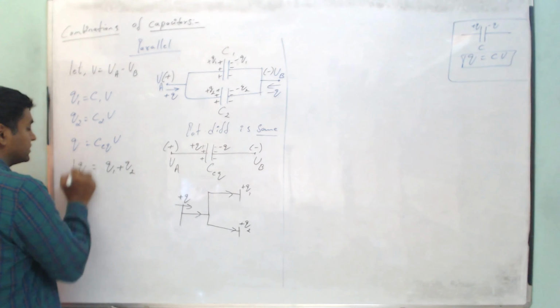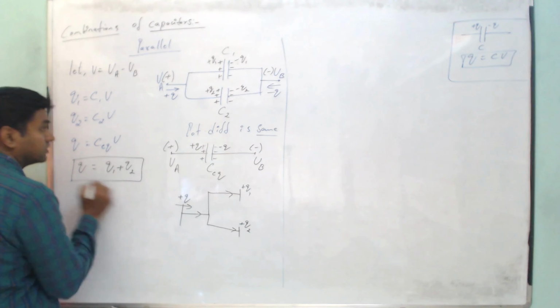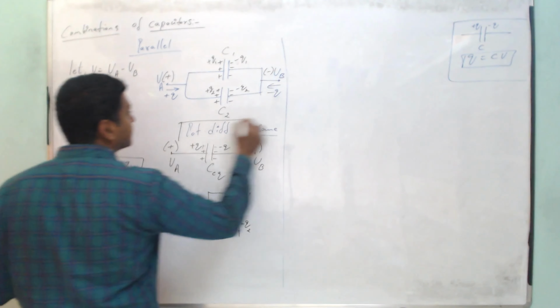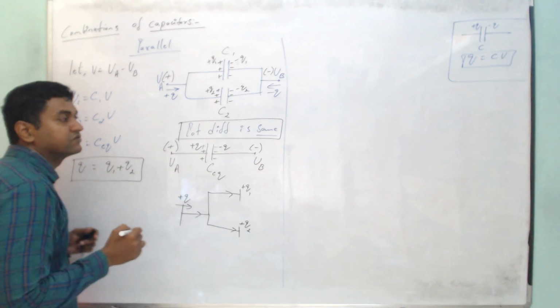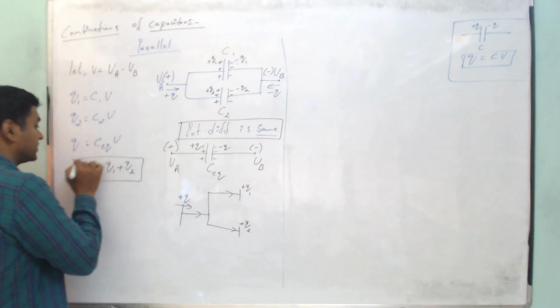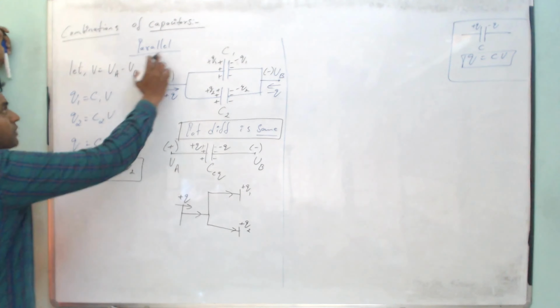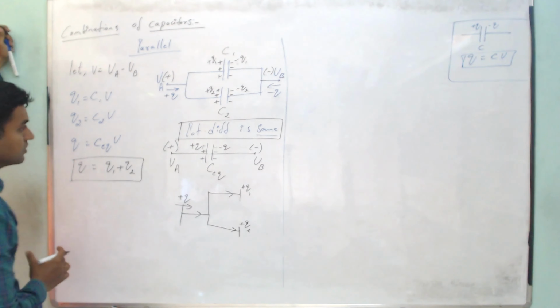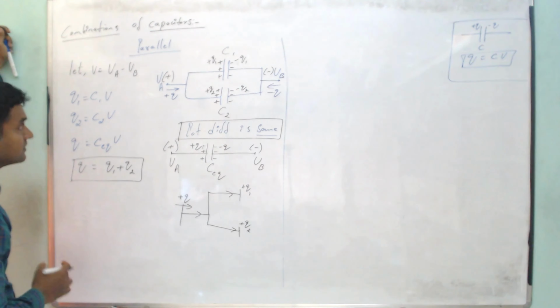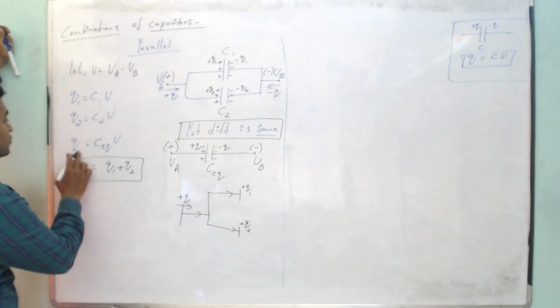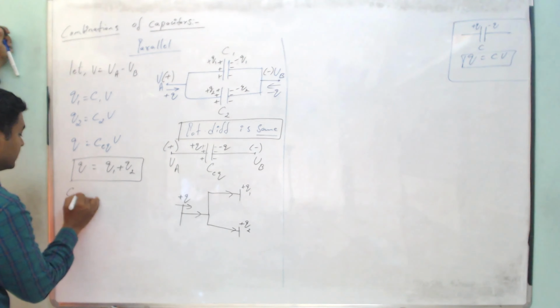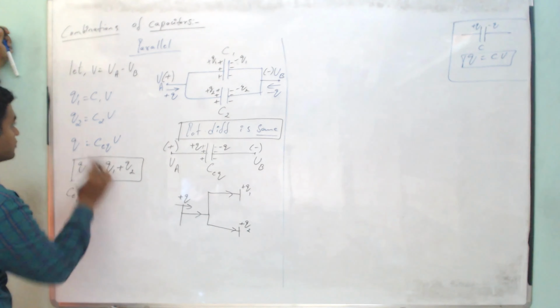This is also the first important thing that we have to know, the potential differences. The second important thing that we have to know is Q is equal to Q1 plus Q2 for parallel combination. Therefore, what is Q? Q is C equivalent into V. What is Q1?